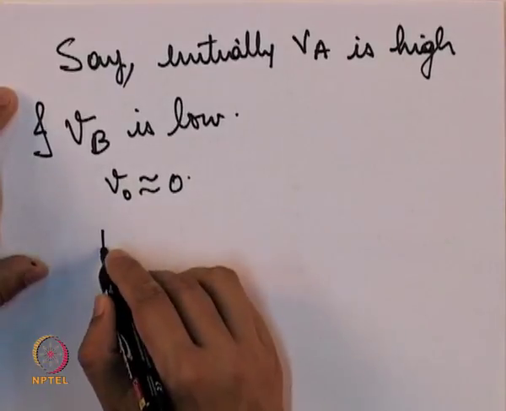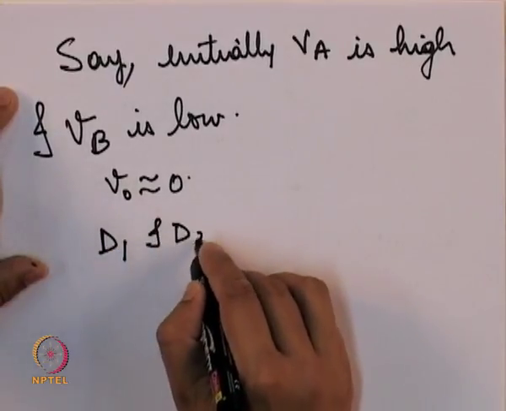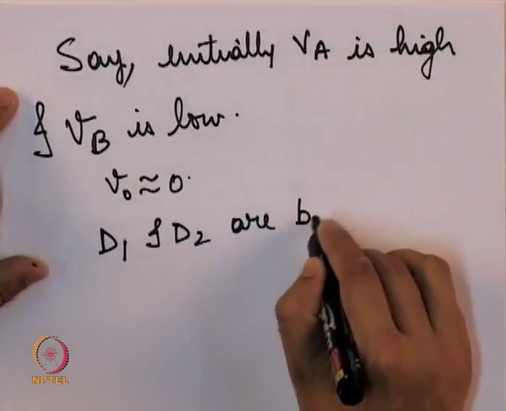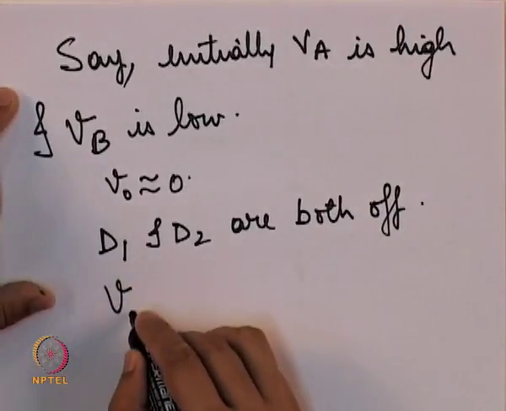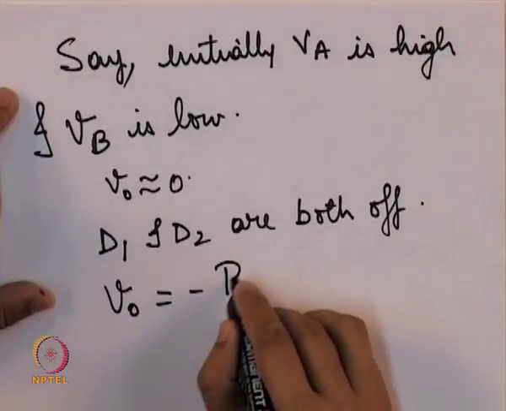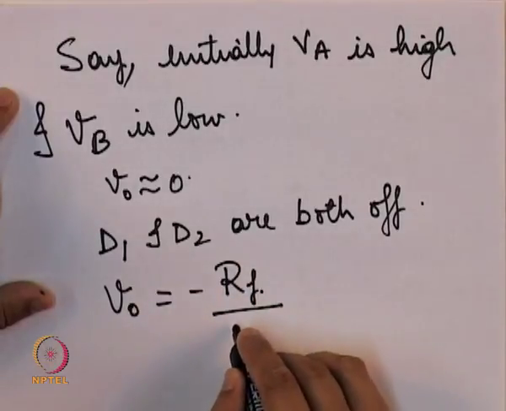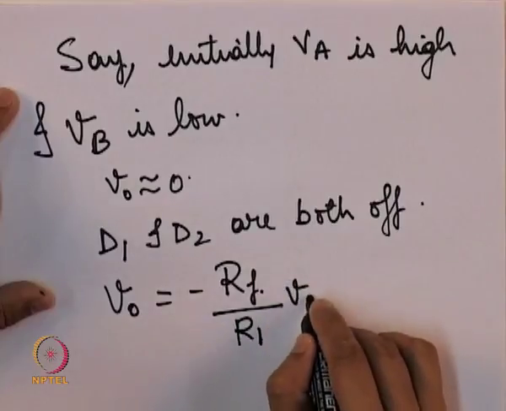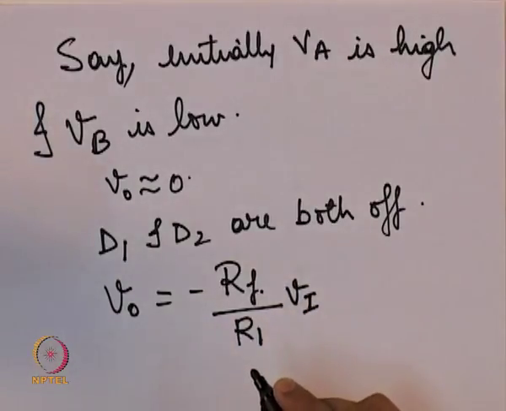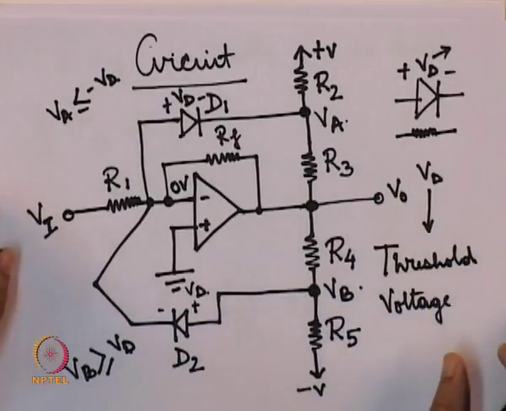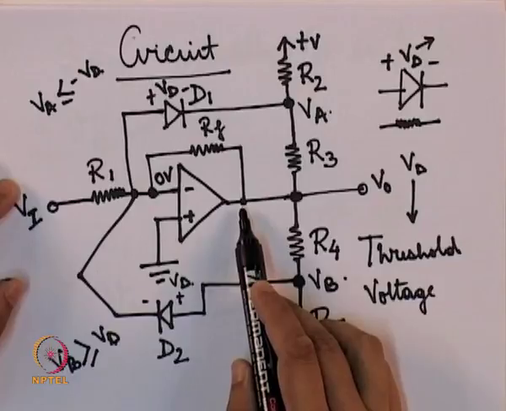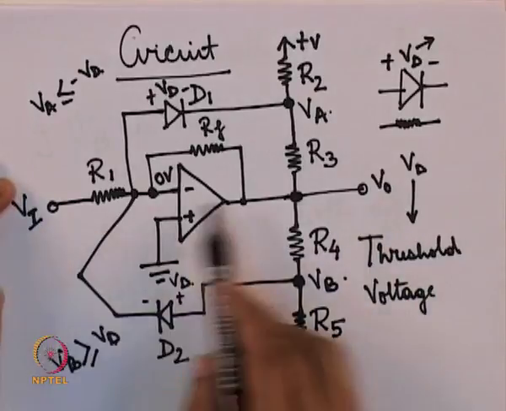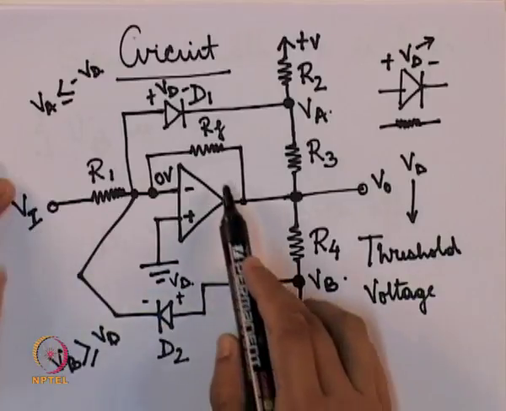D1 and D2 are both off, then V0 will be equal to minus Rf upon R1 Vi, right, isn't it? V0 will be simply equal to Rf upon R1 times Vi, that is an inverting op amp configuration. Vo will be proportional to Vi.